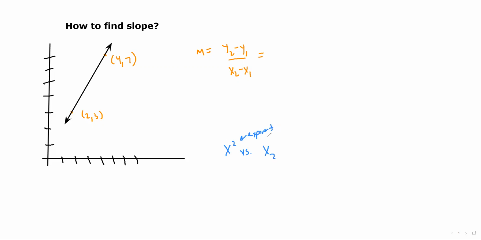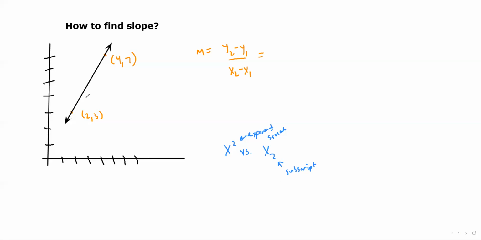Okay, so that means we have to square this. All right, and then this here, this is a subscript. A subscript. Okay, so that's referring to the second x because we can have multiple x's. All right, and to help us to identify which x we're using, we label them as x1, x2, x3, etc.